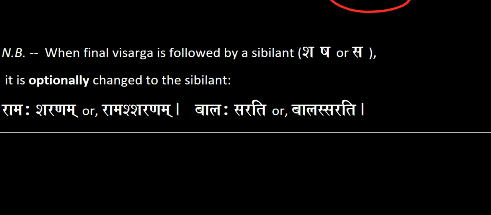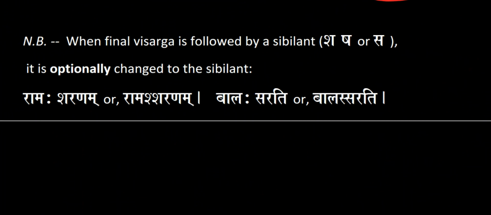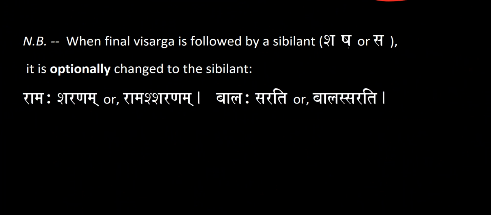When a final visarga is followed by a sibilant, sha, or sa, it is optionally, keyword again, changed to the sibilant that it was being followed by.